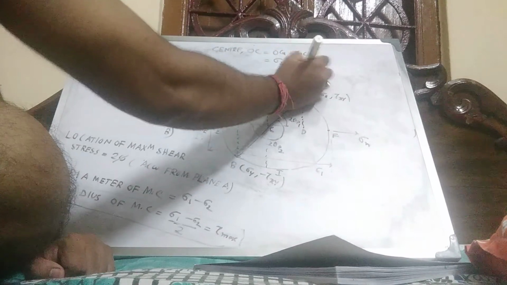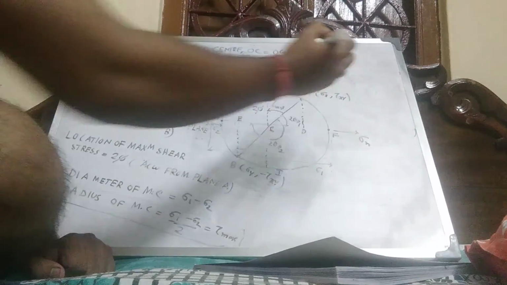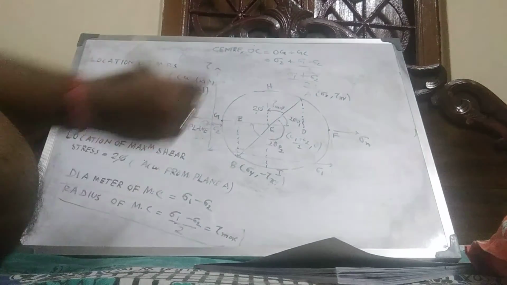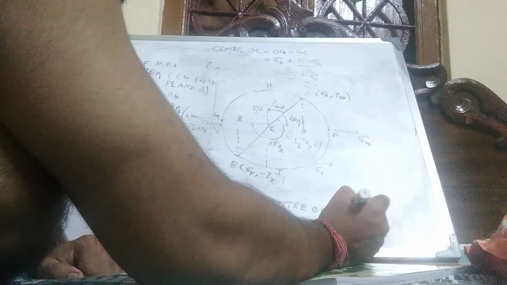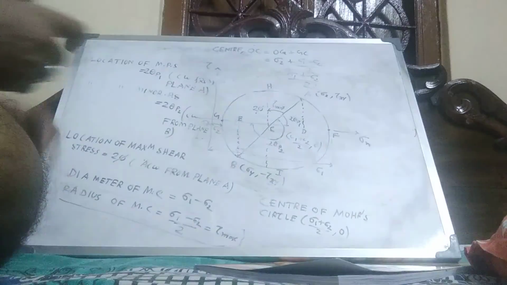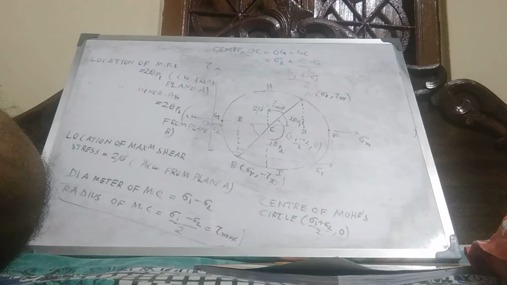So OC is sigma 1 plus sigma 2 divided by 2. So point C is sigma 1 plus sigma 2 by 2 comma 0. Now the center of the Mohr circle, this is very important: sigma 1 plus sigma 2 divided by 2 comma 0. This is for the Mohr circle. Understand?